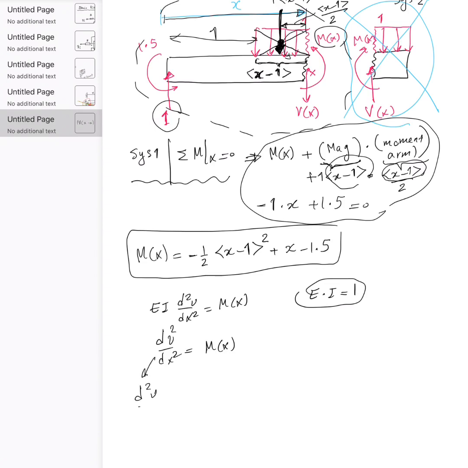The second derivative of v is therefore equal to Mx, which is negative 1 over 2 x minus 1 squared plus x negative 1.5.